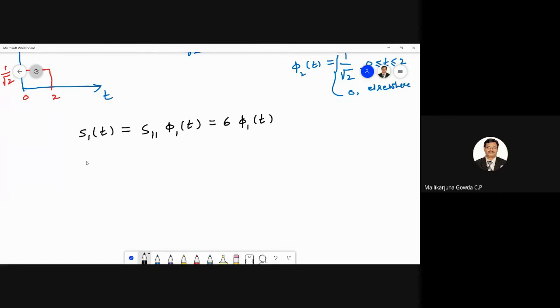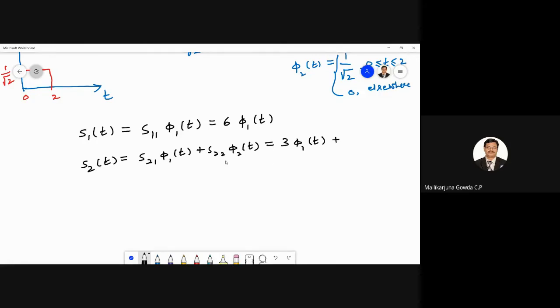Similarly, S2 of t will be equal to S21 phi 1 of t plus S22 phi 2 of t. Am I correct? Yes, the value of S21 is how much? It is 3, right? 3 into phi 1 of t, then plus S22.